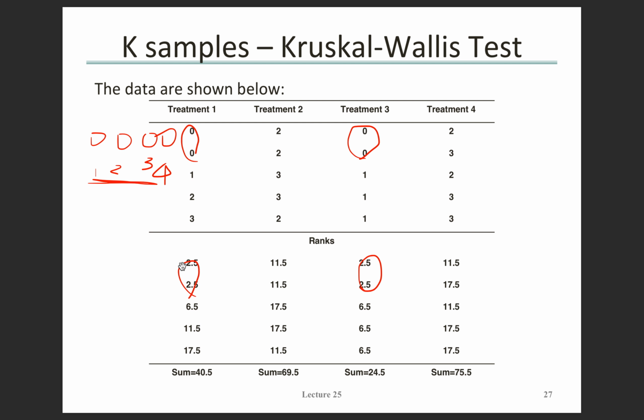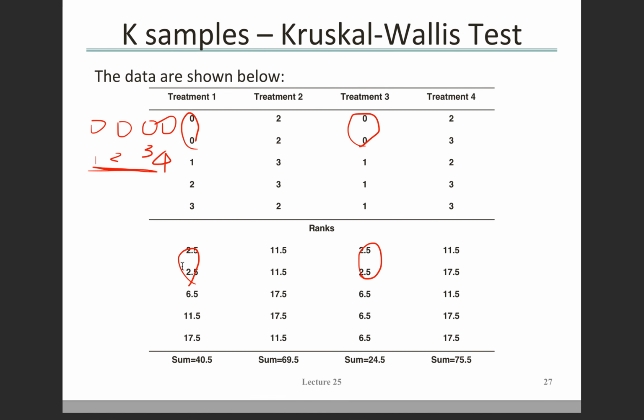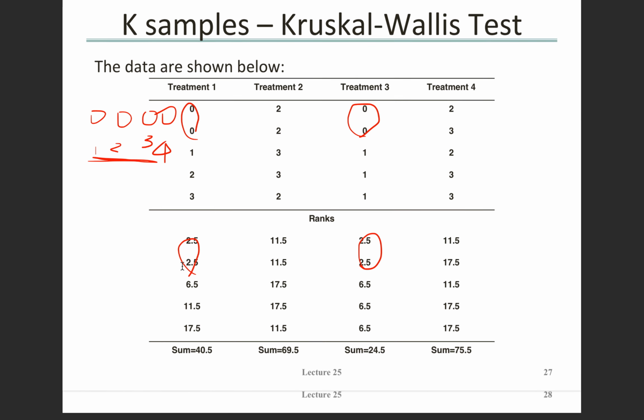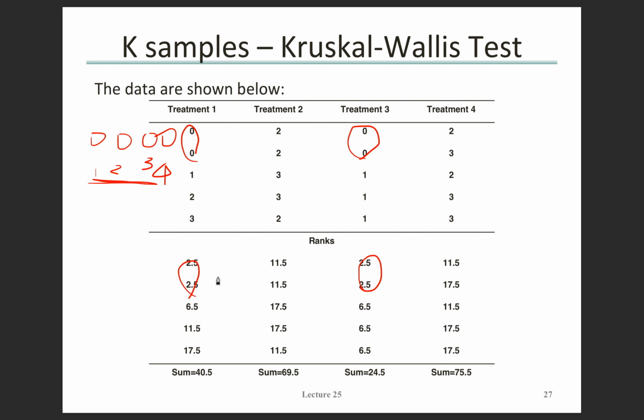But it doesn't really matter whether you understand this or not. You know the command, so you just run the command and find the p-value. This is just the mathematics of how you calculate by hand. But come on, at this age, who calculates by hand, right? It's probably biostatistics students. You don't need to do that. So you can just use a command. So here you rank them. So this is where the ranks came from.